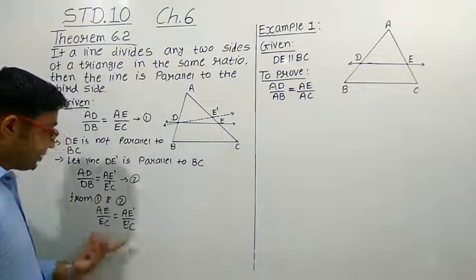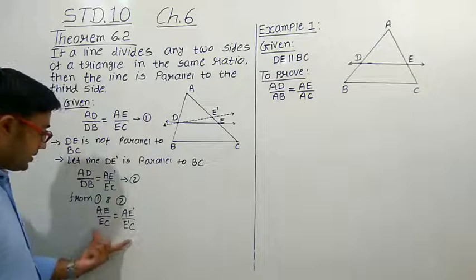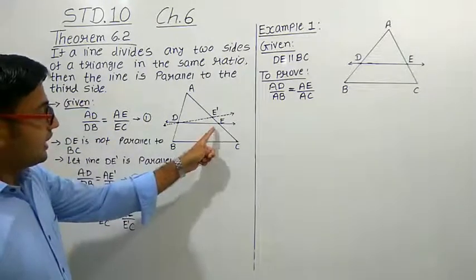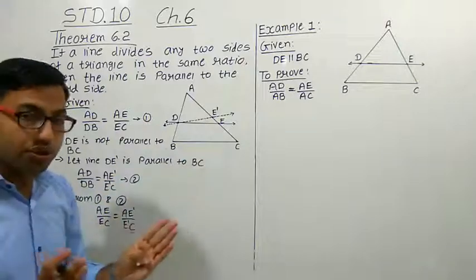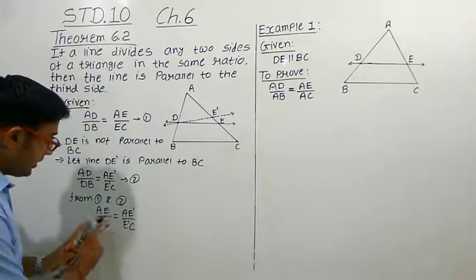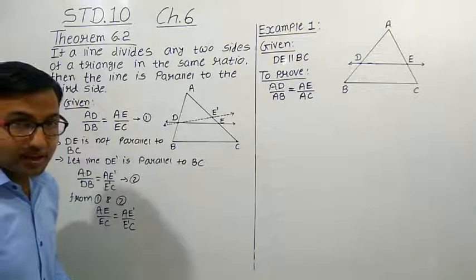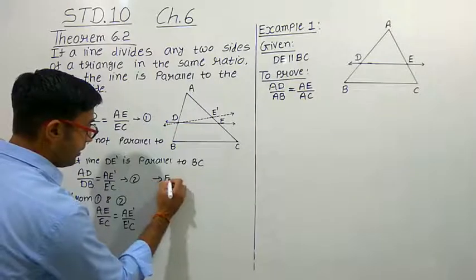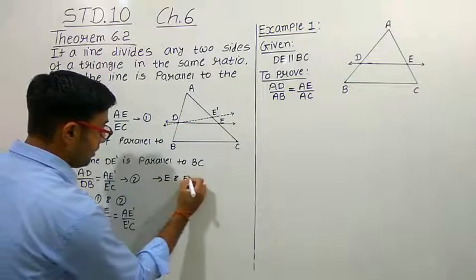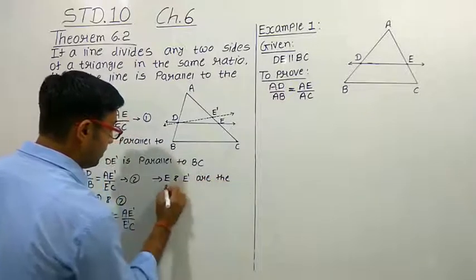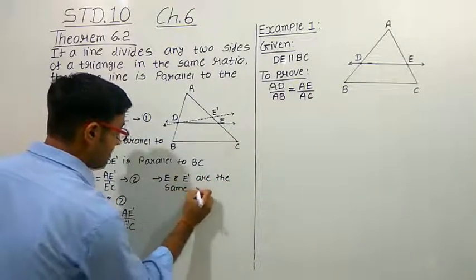What is the meaning of this? The meaning is that E dash and E, which we showed as different points, according to this condition, both the points are the same. So E and E dash are the same points.